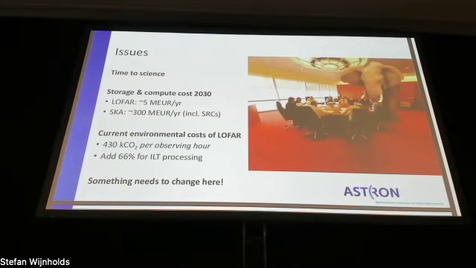If I scale up those numbers to SKA size, taking into account the expected data rates of the SKA and the expected compute needed for the SKA, that means that the SKA, including the SRC network, would have to cover up to 300 million euros a year, which I think it will be clear is not really viable.